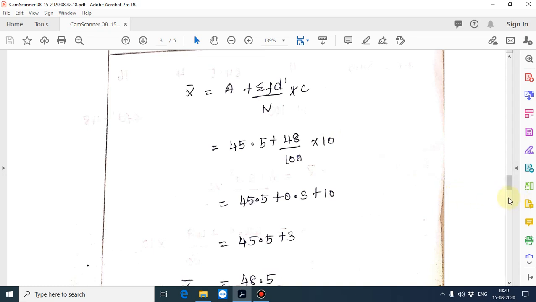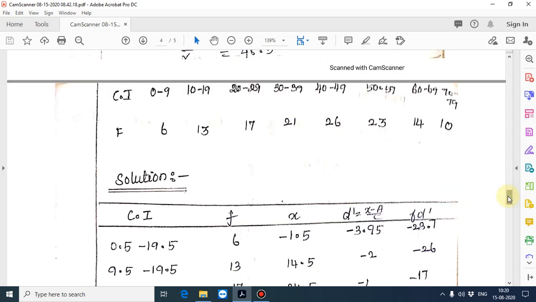Okay girls, you can use a calculator also, nothing to worry. The same problem here also. Next problem, you have 0 to 9. So what you will do here is 0.5 to 9.5.